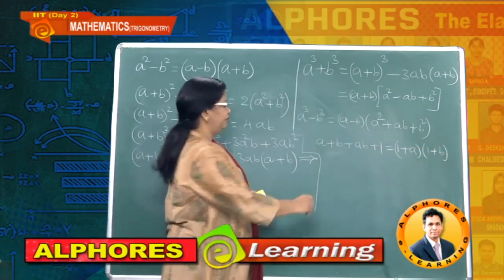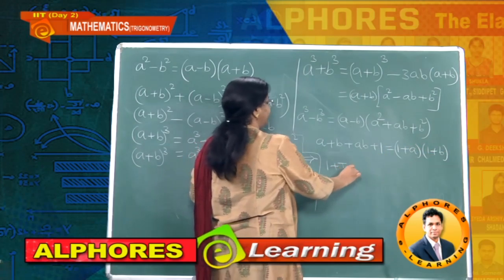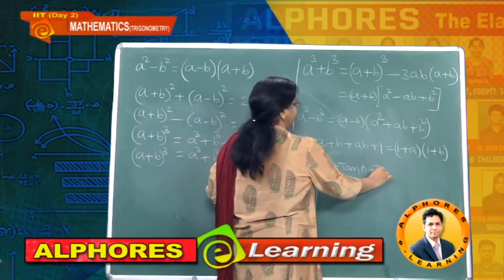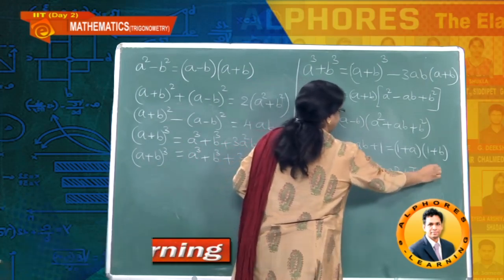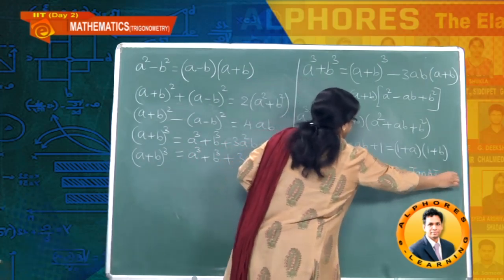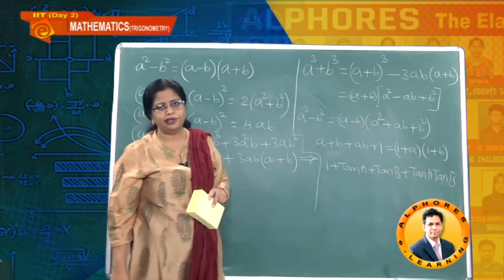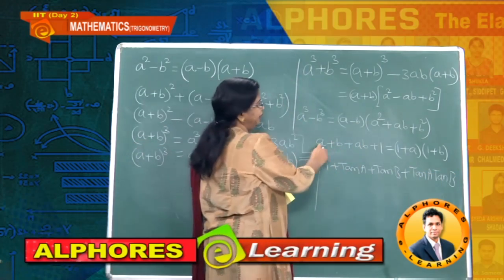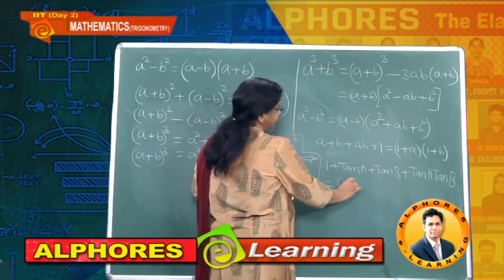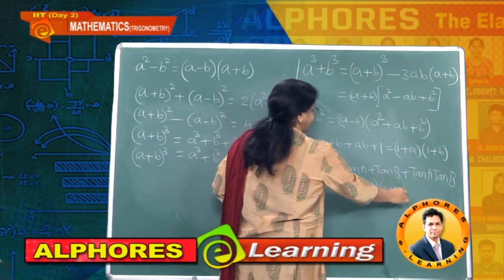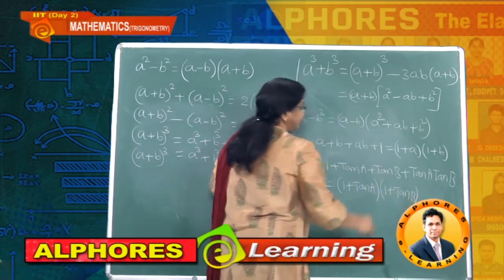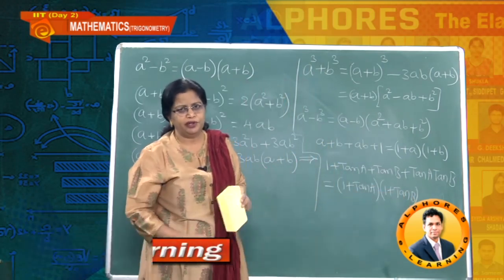Suppose you get 1 plus tan a plus tan b plus tan a tan b, then the answer is given as a product of two terms. When the answer is a product of two terms, nothing to worry about, you know this formula. Instead of taking common and simplifying everything, directly you can write it as (1 plus tan a) into (1 plus tan b). Got the point?